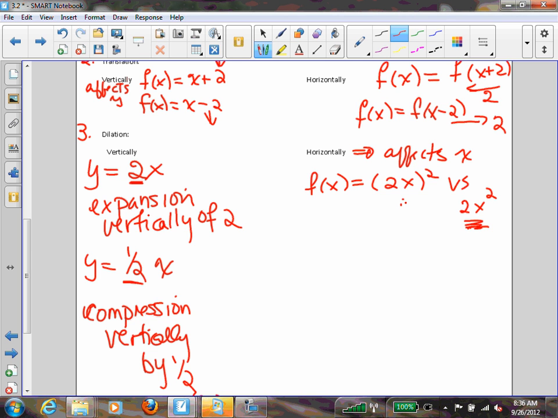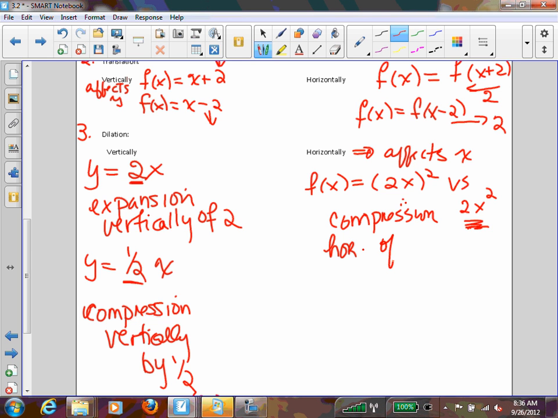If that 2 is really there, we want to think about it as a compression horizontally of 1/2. It's the reciprocal of what's going on.